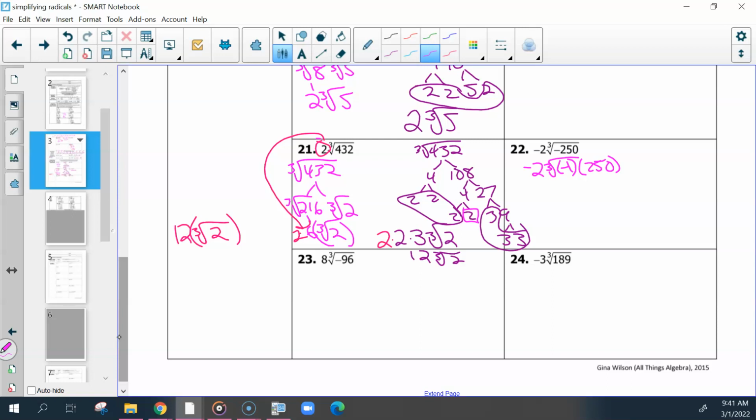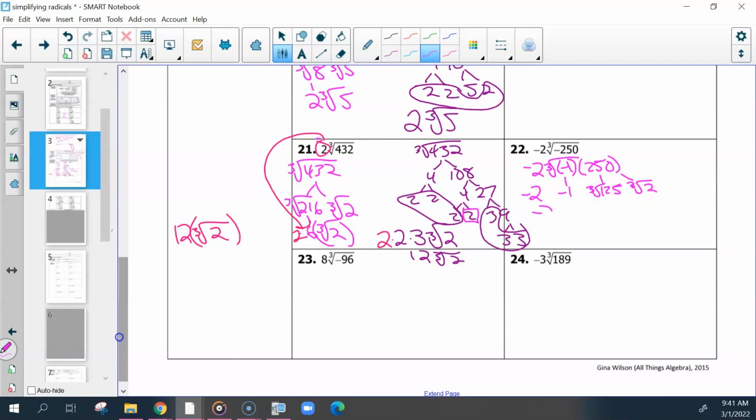Okay, so this is going to come out as a -1. That's not hard to do. And then we said times the cube root of 2.